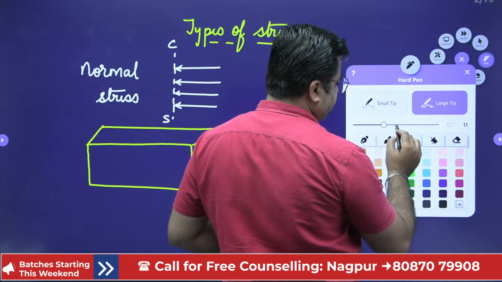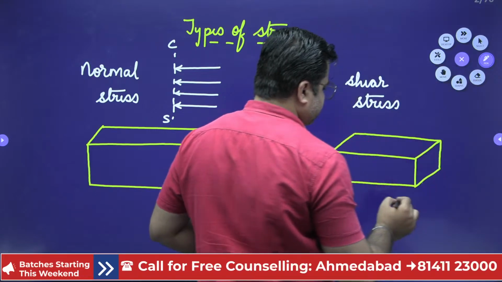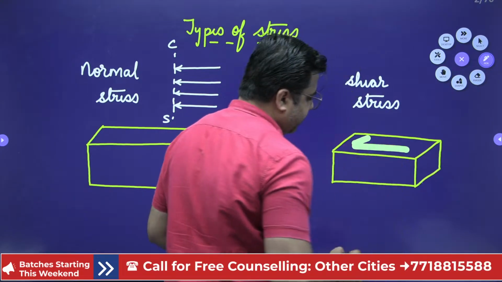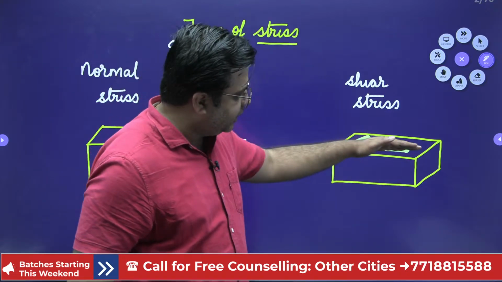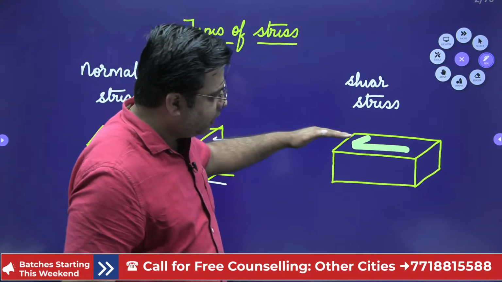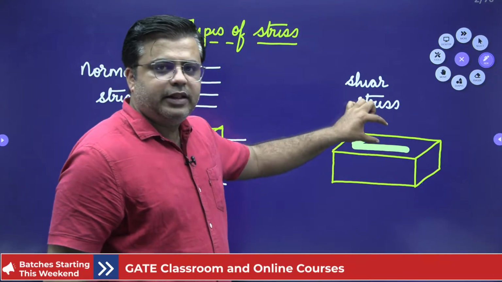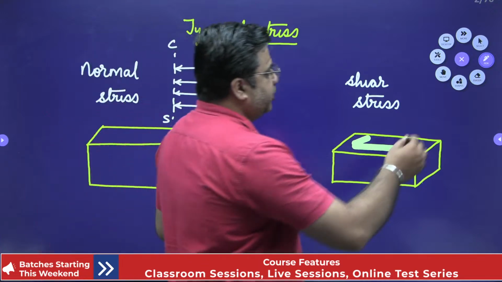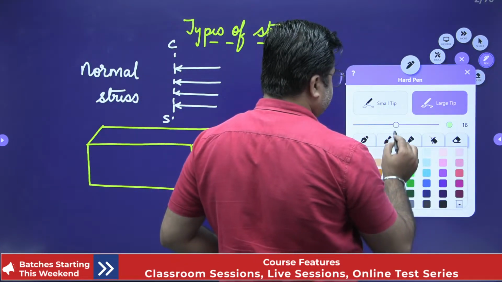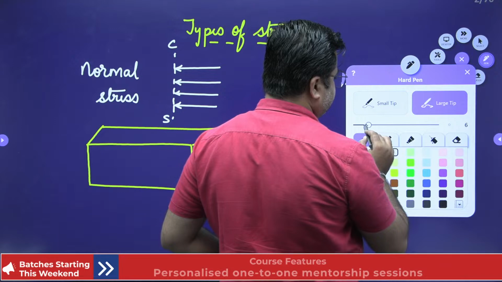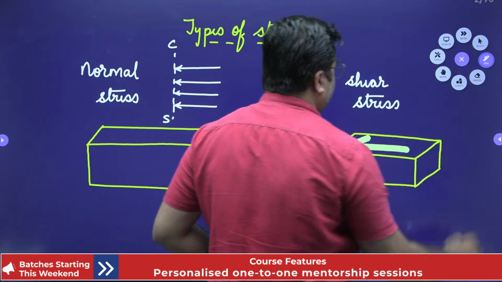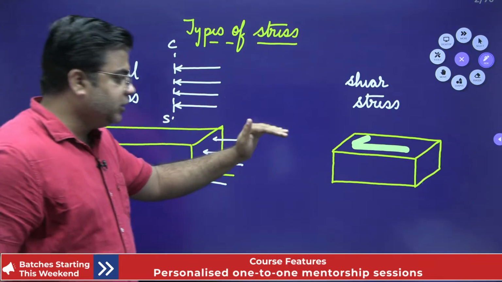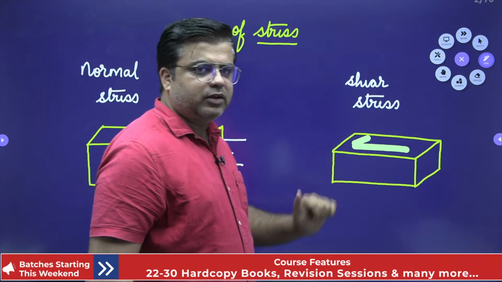If the stresses are acting along the area like this, right? If the stress is acting along this resisting area, then this stress will be termed as the shear stress. Is it clear? So basically there are two varieties of stresses. First one is the normal stress and second one is the shear stress. Normal stress acts perpendicular to the cross-sectional area and shear stress acts along the cross-sectional area.